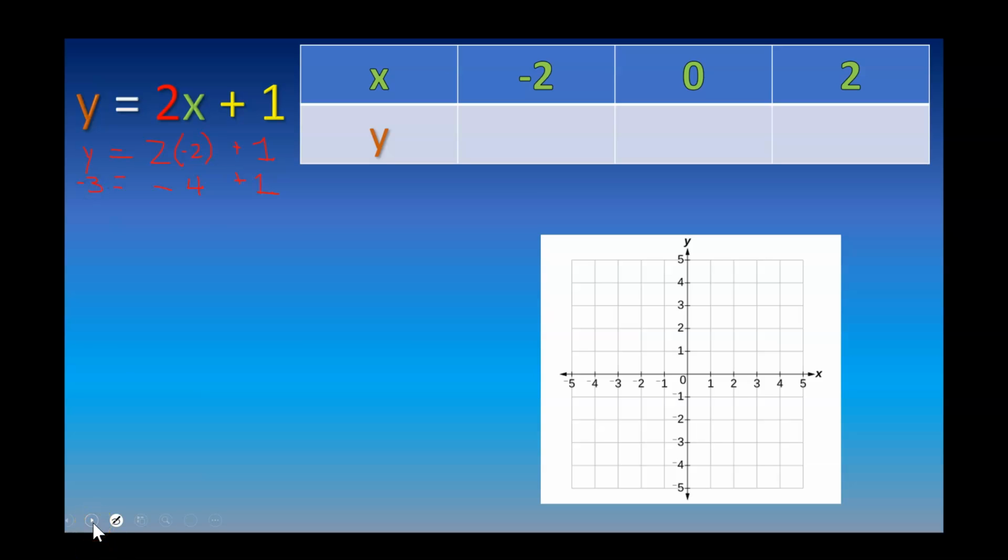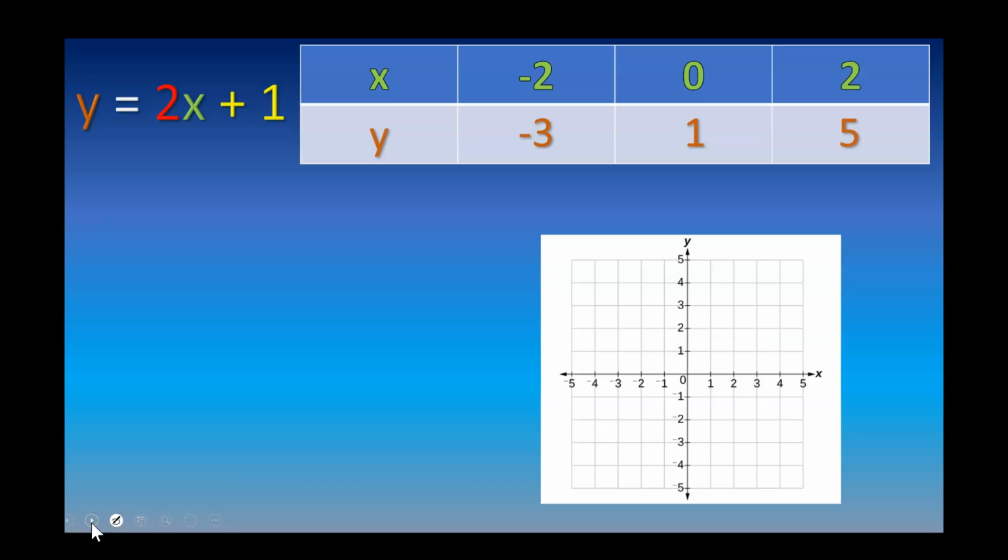So, if we put a negative 2 into our equation for x, the result on the other side is negative 3. If we put a 0 into the formula, 2 times 0 is 0, plus 1 will give us 1. And if we replace the letter x in this equation with a positive 2, 2 times 2 is 4, plus 1 equals 5.